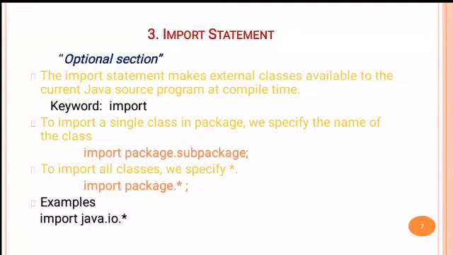If you want to import all the classes in the package, you specify import, package dot, then you give the star, then the semicolon. Example: import java.io.*; So in this, java is the main package, io is the sub package and star means it includes all the files in the io package.